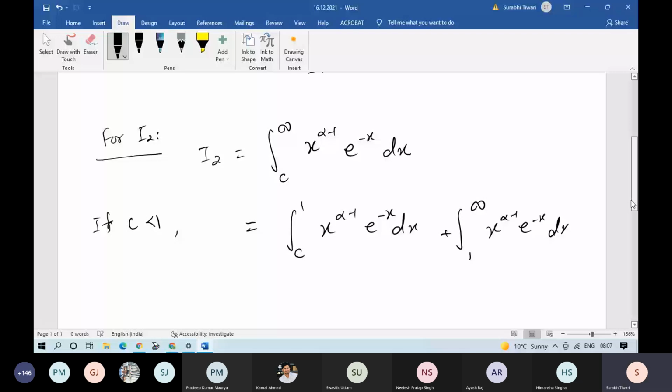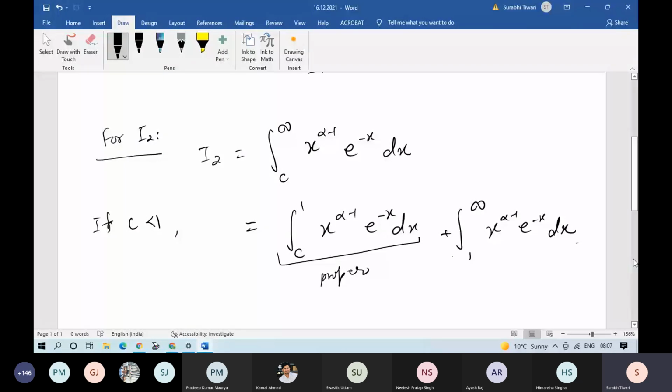Now this is again a proper integral, and this is an improper integral of the first kind. So we need to discuss the convergence of this integral only. Okay? So if c is less than 1, again we get an improper integral of the first kind.